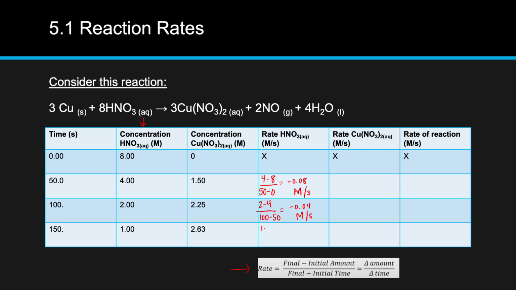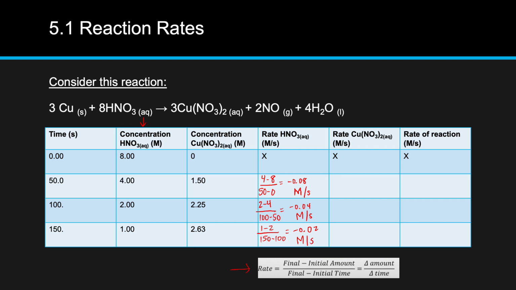We have 1 minus 2 for molarity, and 150 minus 100 for our seconds. So it would be -1 divided by 50, which would give us -0.02 molarity per second. Now notice that the rate for reactants is negative because that amount is decreasing.